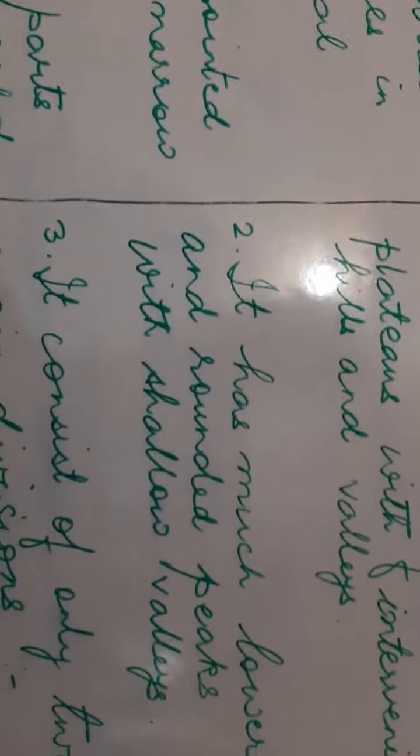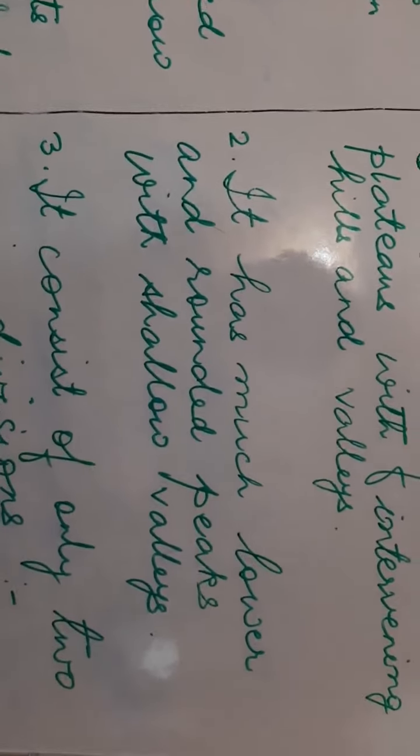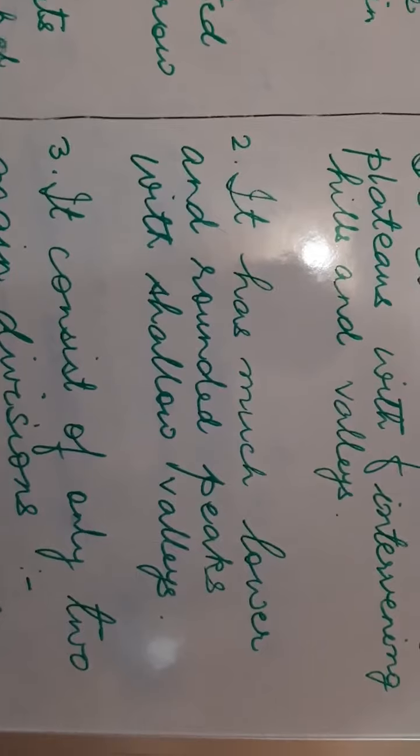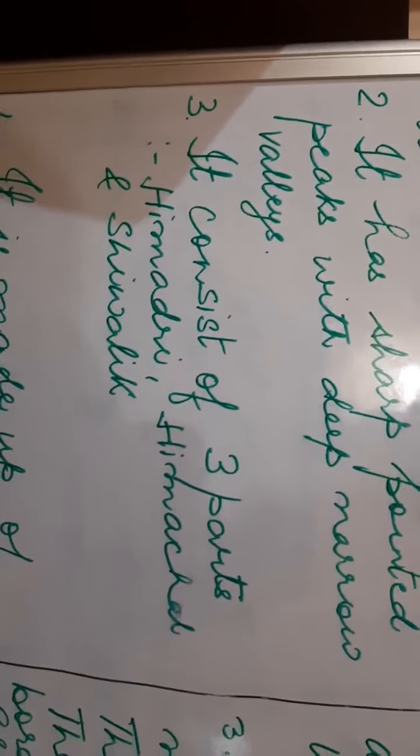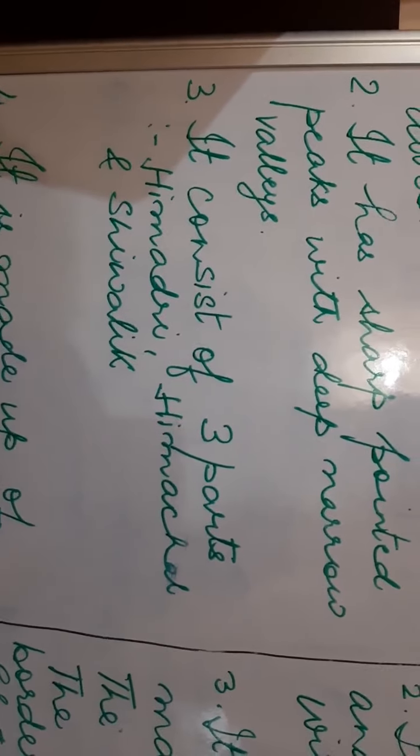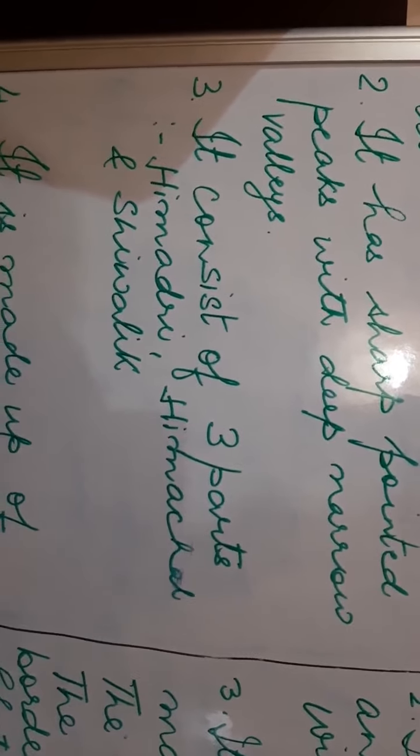So it has sharp pointed peaks with deep narrow valleys. And this side we have, it has much lower and rounded peaks with shallow valleys. Then we have the next point. It consists of three parts: Himadri, Himachal, and Shivalik.